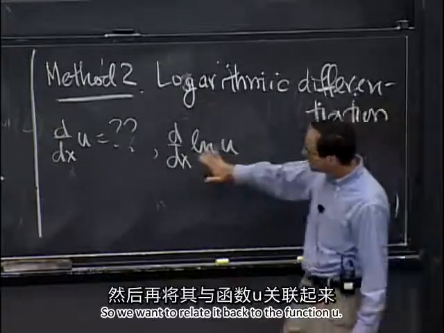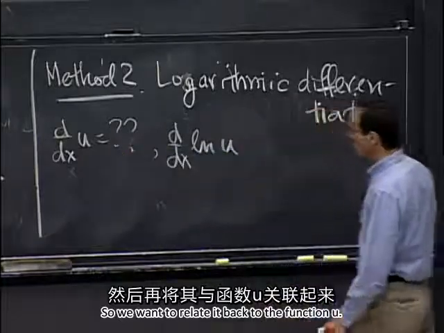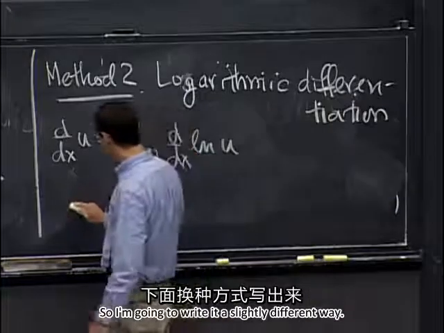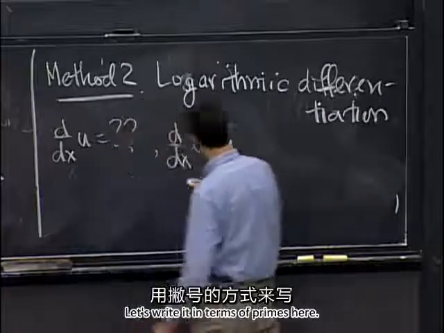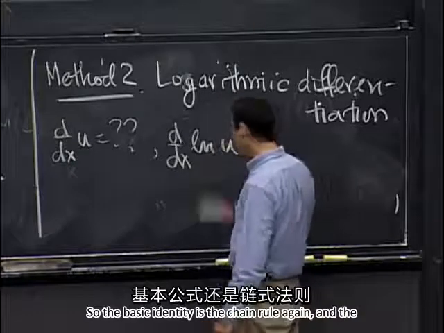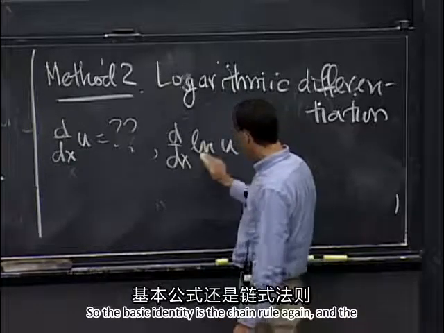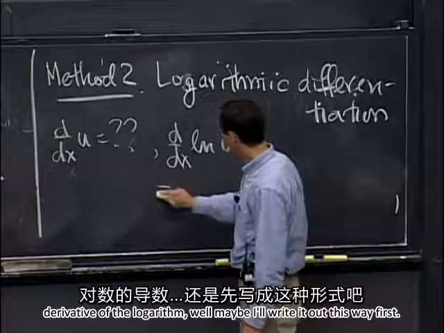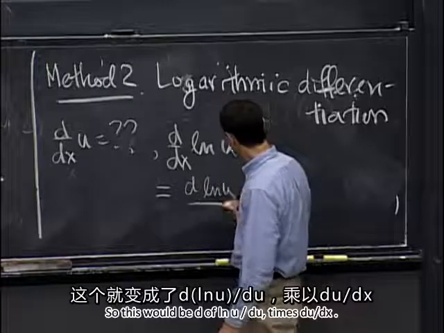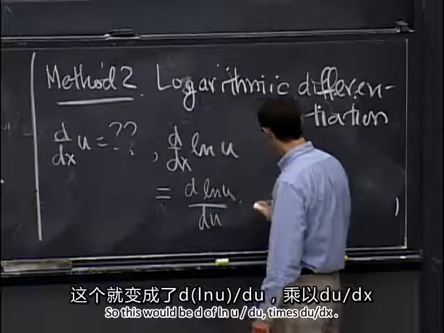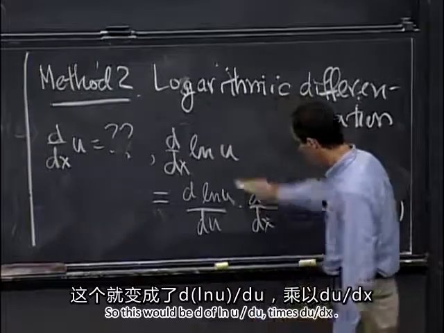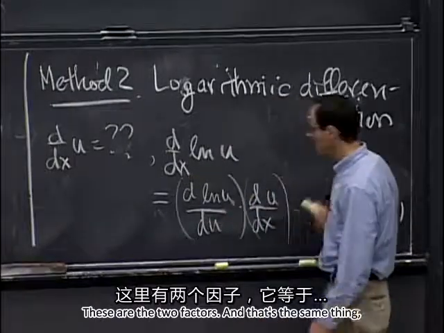So we want to relate it back to the function u. So I'm going to write it a slightly different way. So let's write it in terms of primes here. So the basic identity is the chain rule again, and the derivative of the logarithm, well, maybe I'll write it out this way first. So this would be d of log u du times d by dx of u. Okay, these are the two factors.